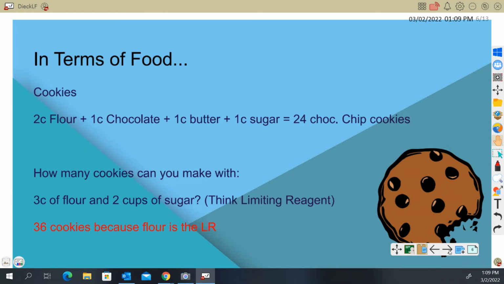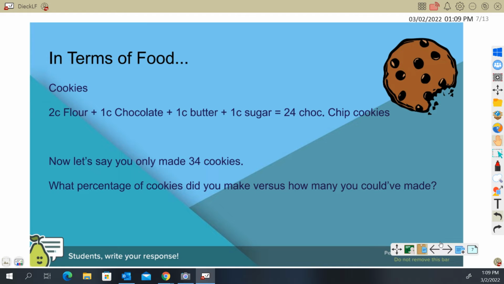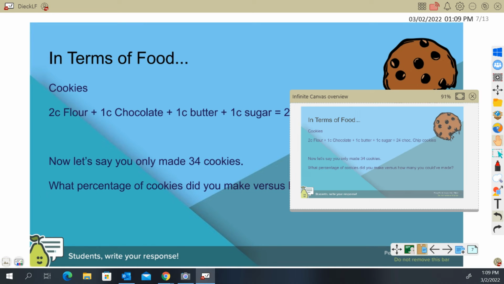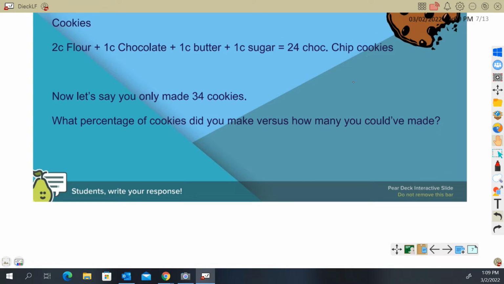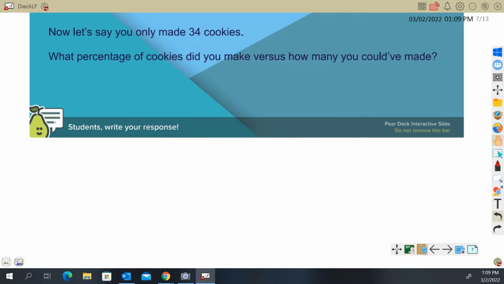Now let's say we don't live in a perfect world. So let's say we only make 34 cookies. We're going to calculate the percent yield for these 34 cookies. So I'm just going to do it down here for you guys. We're going to take 34 cookies as our actual. And that 36 is called what? Theoretical. Very good.